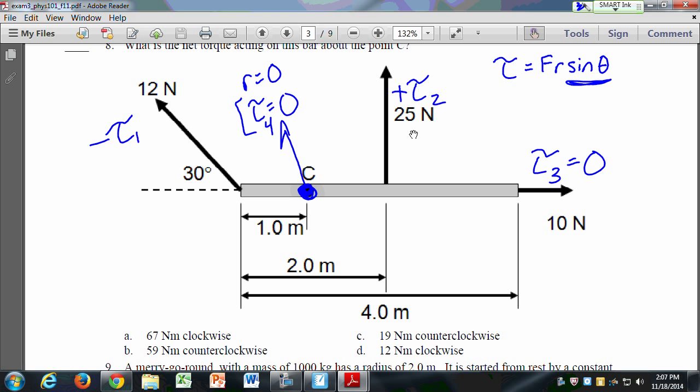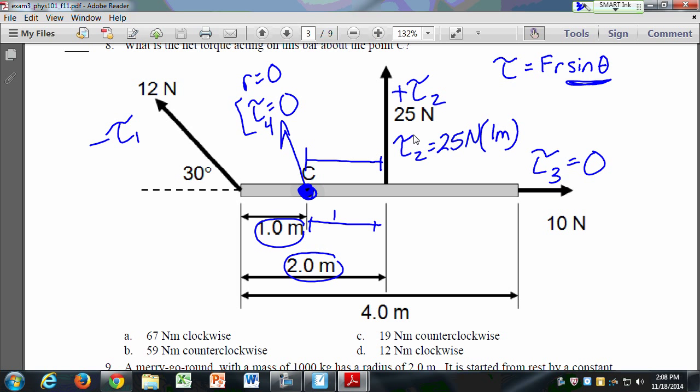Then you just calculate the magnitudes of the torques. Torque 2 is 25 newtons times this distance, which is 1 meter. I know it's 1 meter because this is 2 meters and this is 1 meter, so this has to be 1 meter as well. The sine of 90 degrees is equal to 1, so if your force is perpendicular, you can just leave off the sine theta term. So this is positive 25 newton meters.